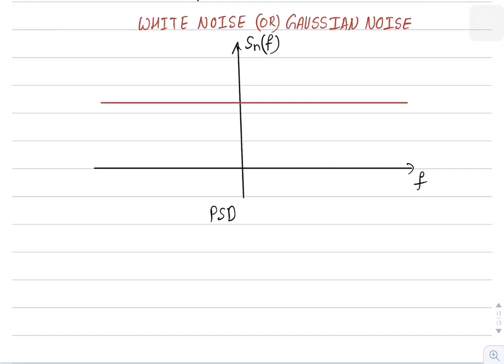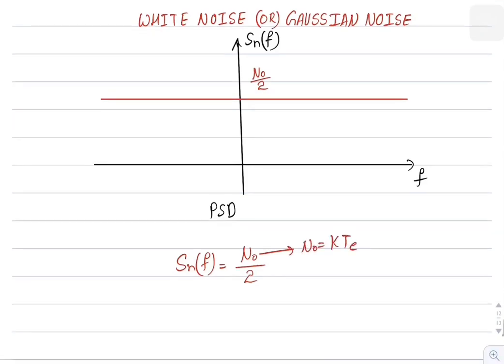Such a noise, we define as white noise, whose value is N0 by 2. Sn of f equals N0 by 2, where N0 is k into Te. K is the Boltzmann constant and Te means the equivalent noise temperature of the system.